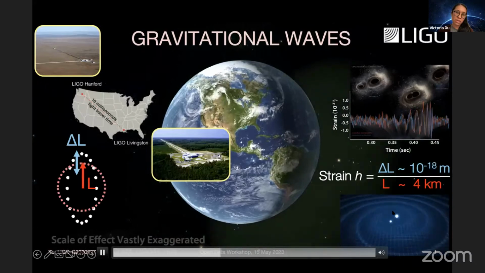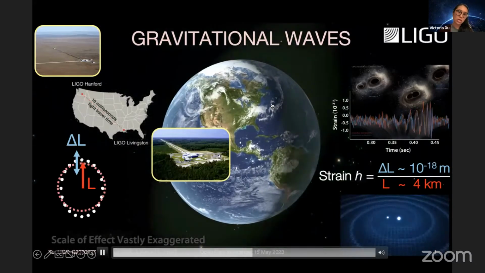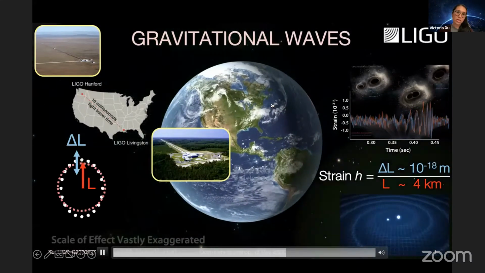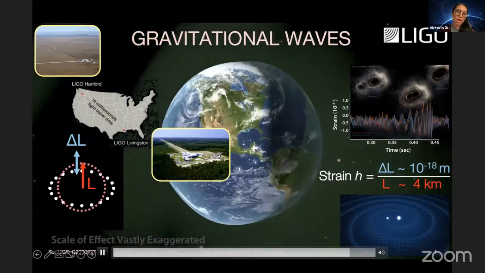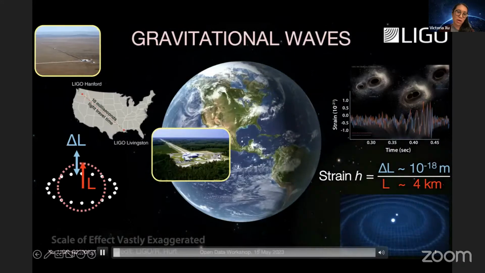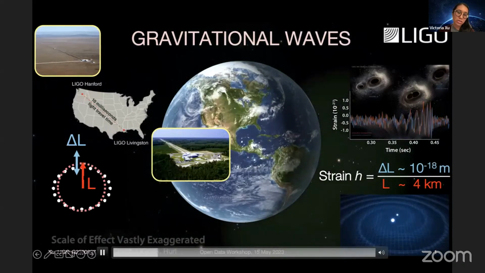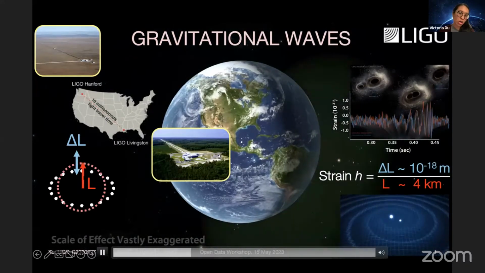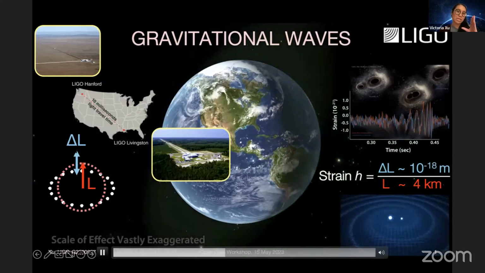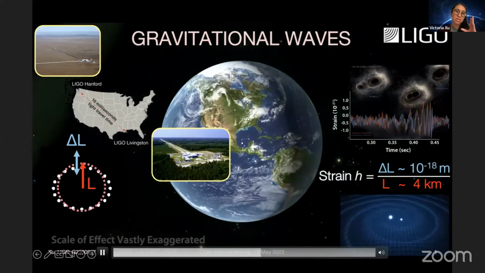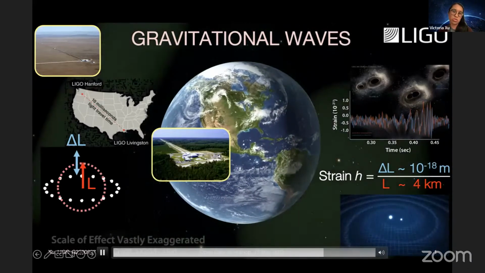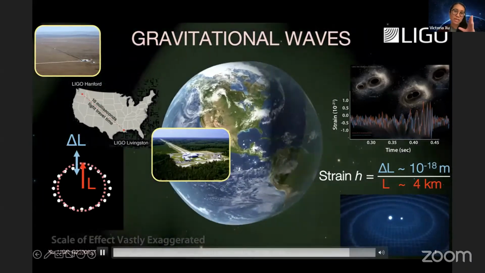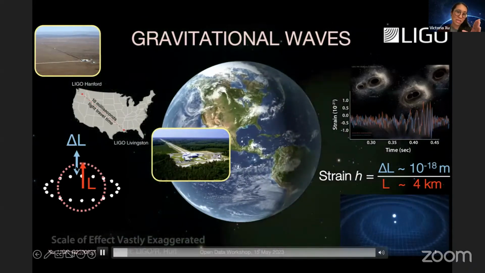So an event like this comes through the Earth, and what we see on Earth is what we call a strain in space-time. That is, if I have a ruler at an upward angle and then at a 90 degree angle, an upward and a rightward arm of my ruler, what I see is the differential change in length of the two arms of the L that the two rulers form. This effect is of course extremely exaggerated.